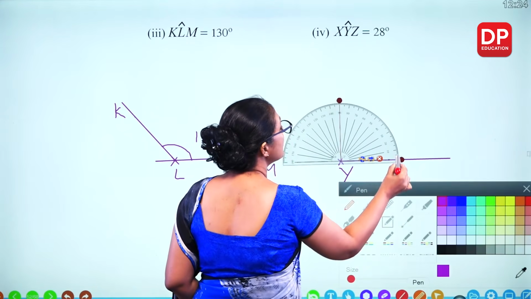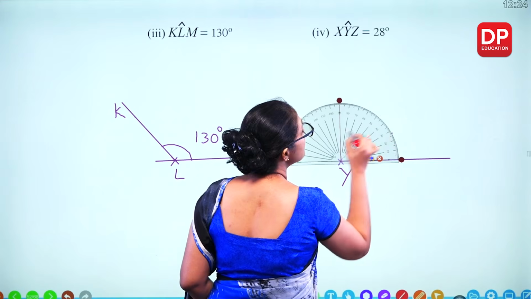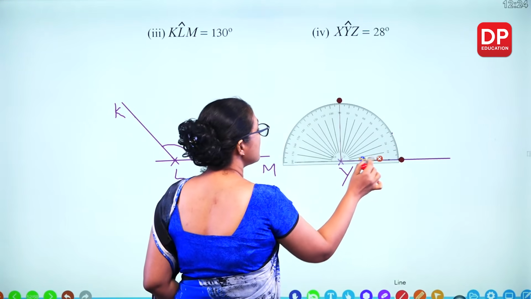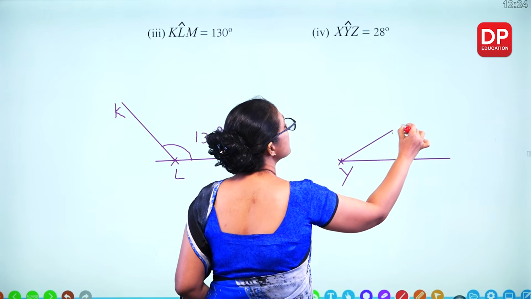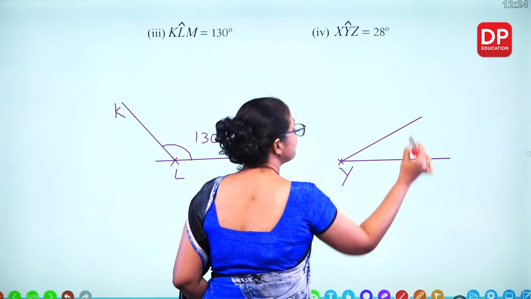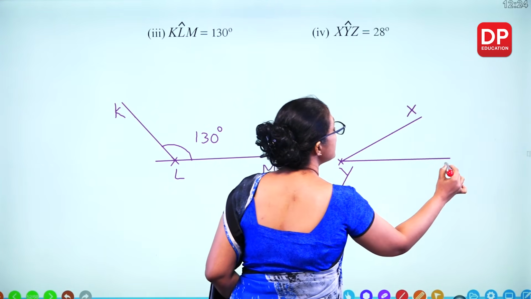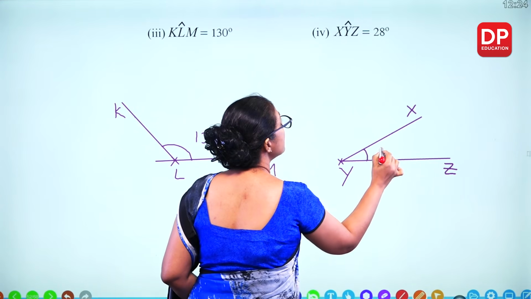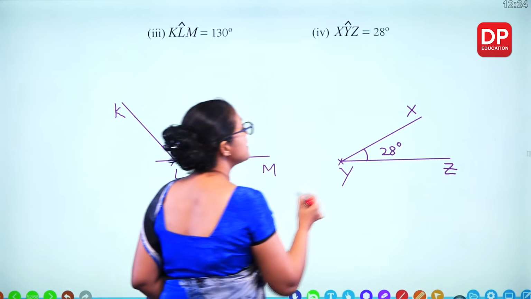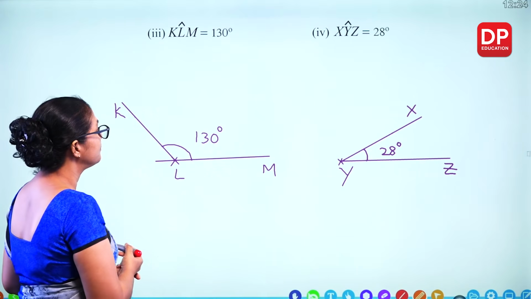And here 28 is here, and then connect the point. X, Y, Z. This angle is 28 degrees.